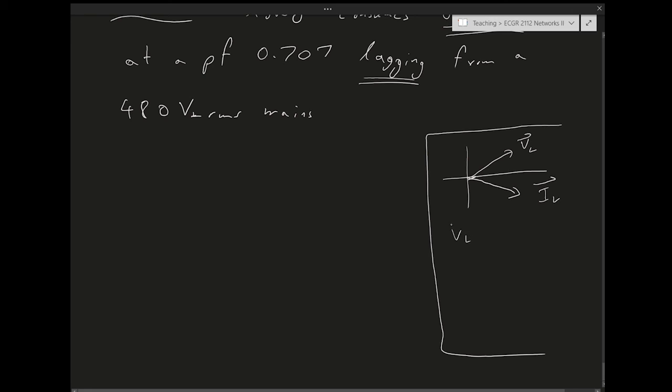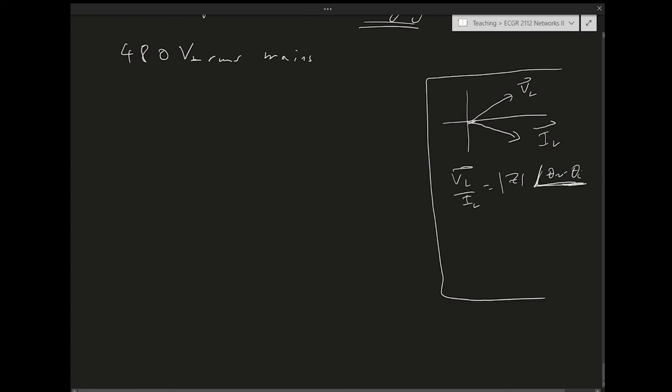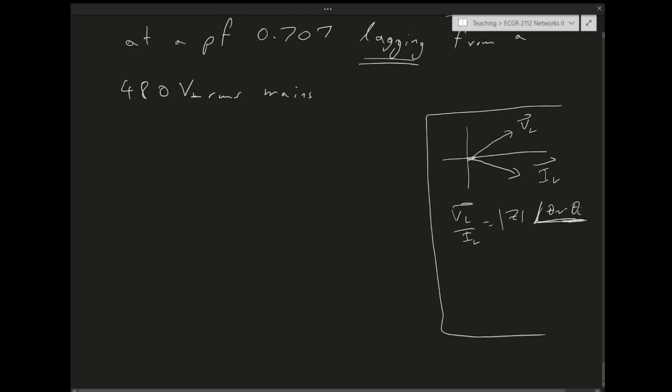Then VL over IL is just going to be the magnitude of Z at an angle of theta V minus theta I, because V is in the numerator and IL is in the denominator. That's how we subtract angles.